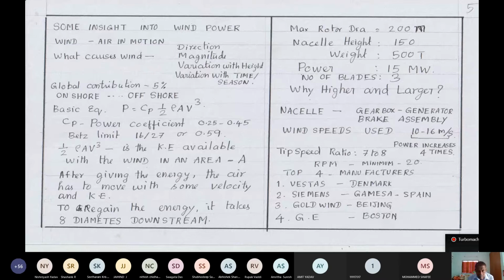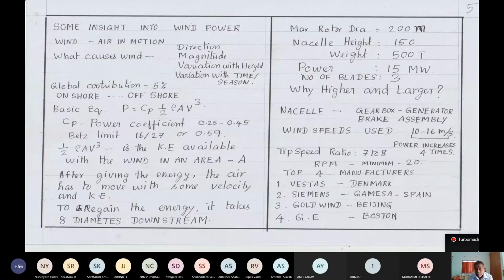Now, how this limit comes is, see, the specific kinetic energy available is half rho V square. Total kinetic energy is m dot into half rho V square. M dot is rho A V. If you substitute m dot, you get immediately this equation.